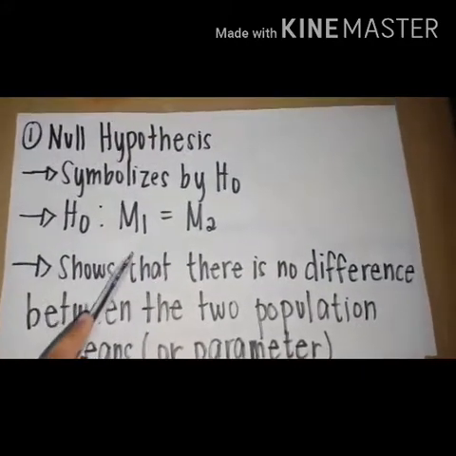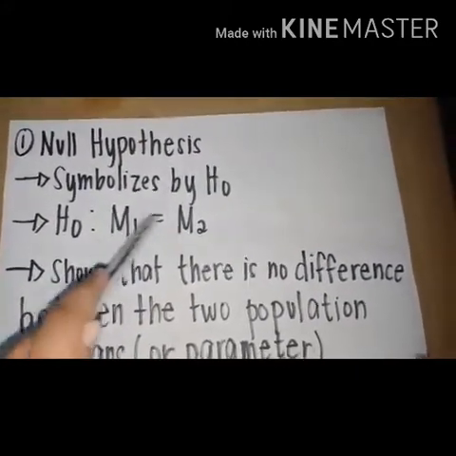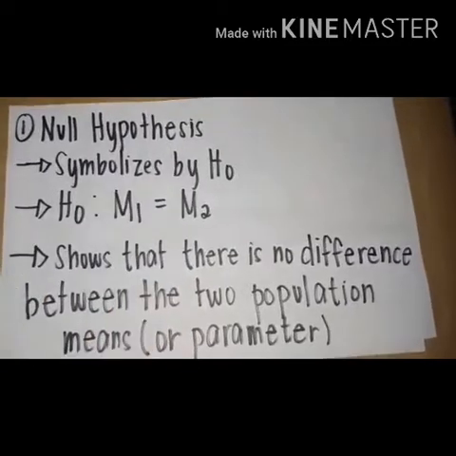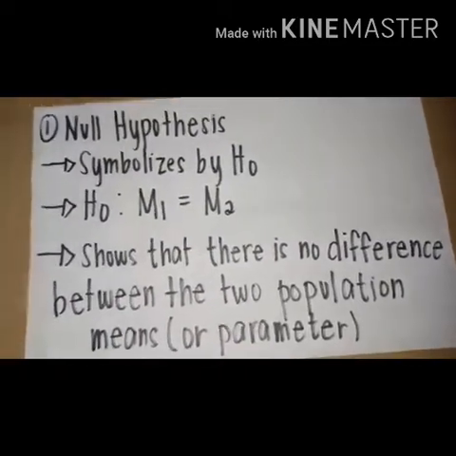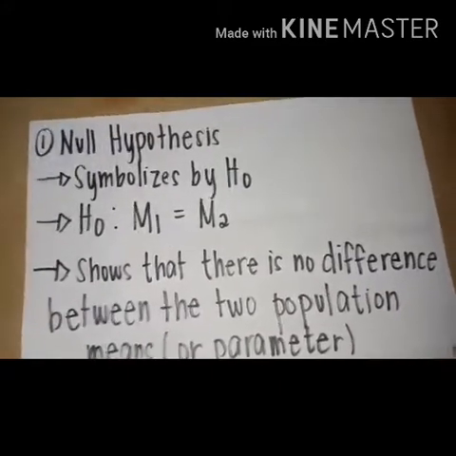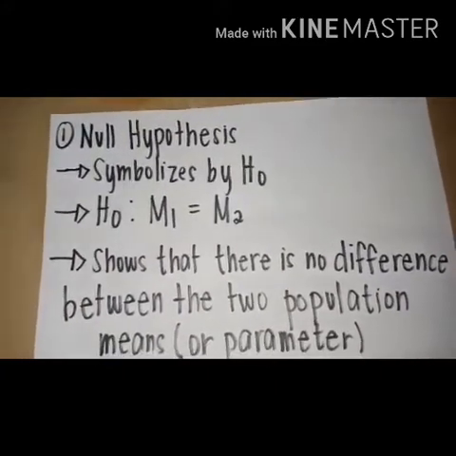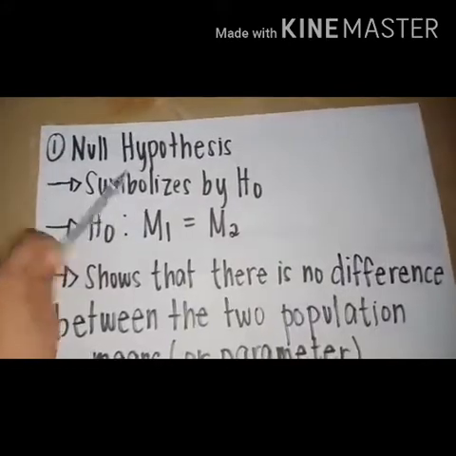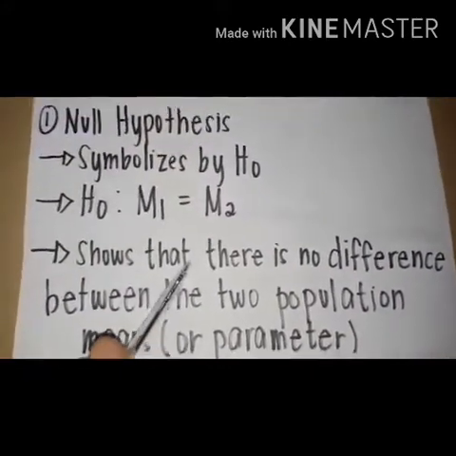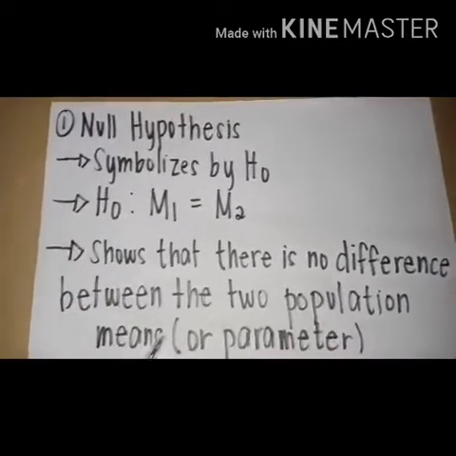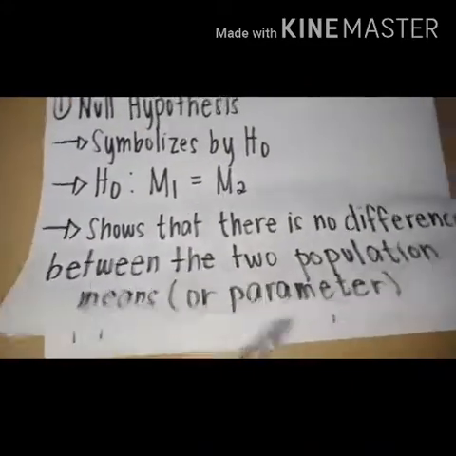So you can see here, mu sub 1 is equal to mu sub 2. So sa null hypothesis, kapag nabanggit doon na equal, automatically ang claim ng isang researcher is mapupunta sa null hypothesis. Bakit? Kasi equal nga siya. So it means that it shows that there is no difference between the two population means or parameters.